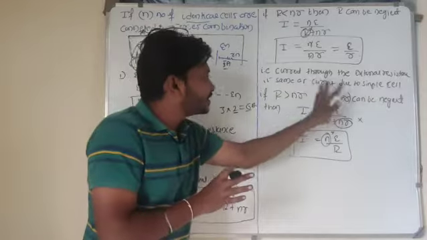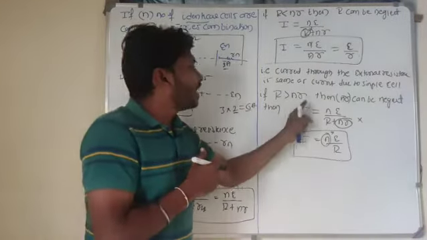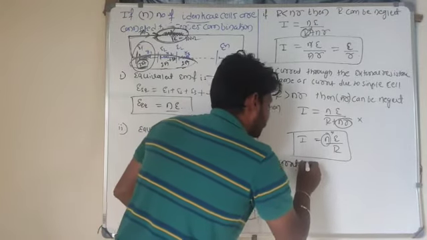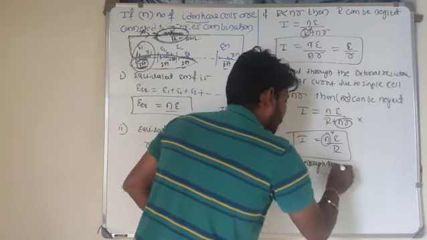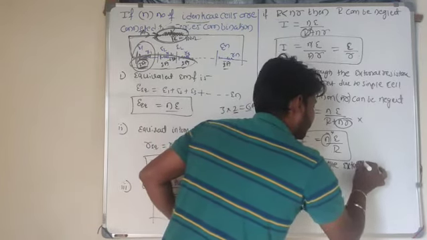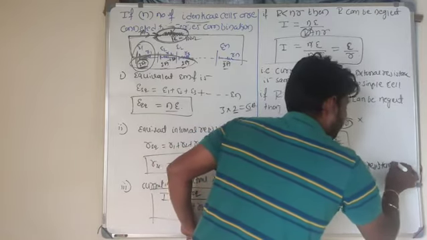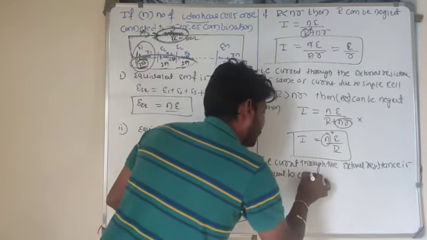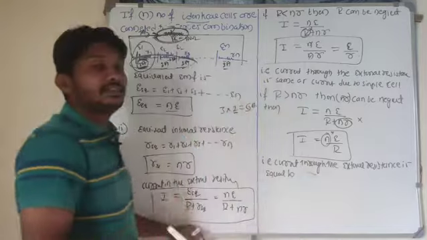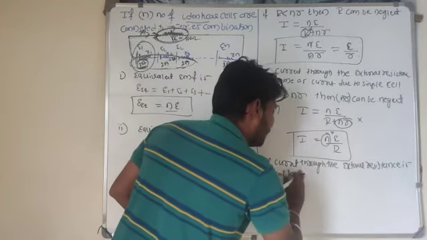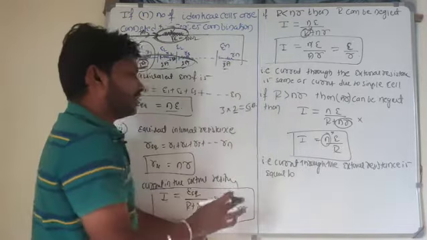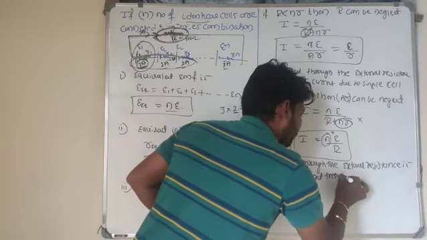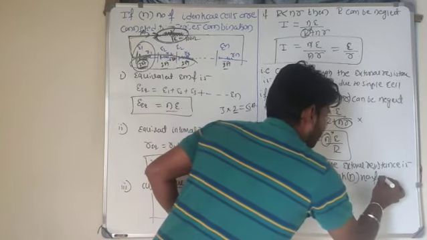If suppose the external resistance value is very high, then the current through the external resistance is equal to the current due to N number of cells. So the current through the external resistance is equal to the current through N number of cells here.